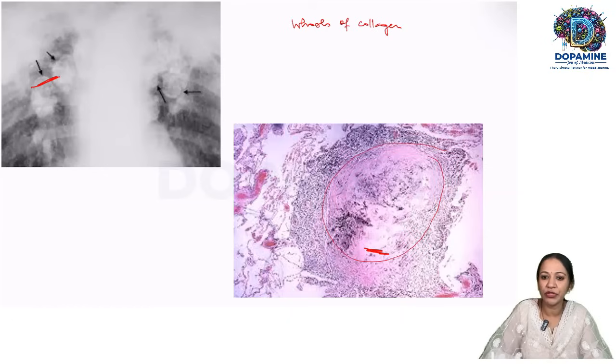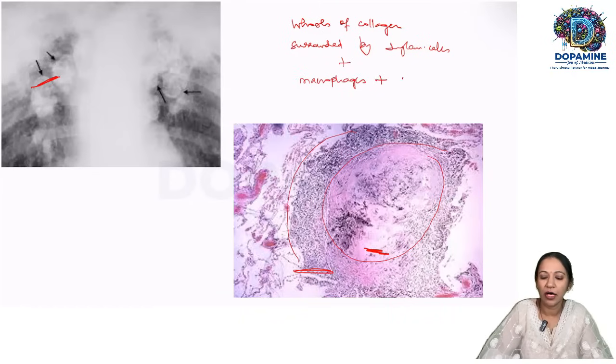So these are whorls of collagen surrounded by inflammatory cells plus macrophages plus carbon particles. So this is the classic picture of silicosis. This is the histopathology image of silicosis.